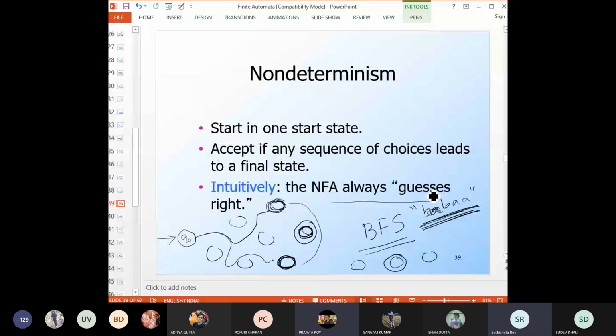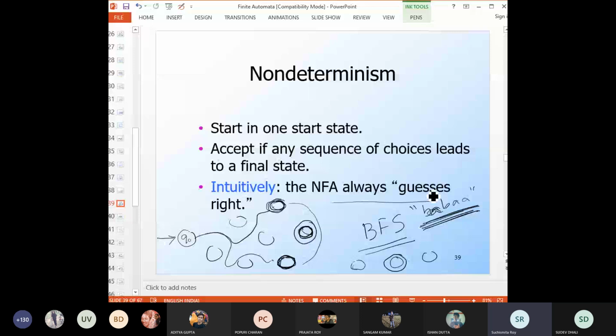So this is non-determinism, where there exist multiple choices and at least one of them will be the correct one. And you have to be optimistic that your first guess will be correct. If not the second one, at least early guesses will be correct. But if not, you have to keep on checking every possibility before you can say that a string is not accepted.